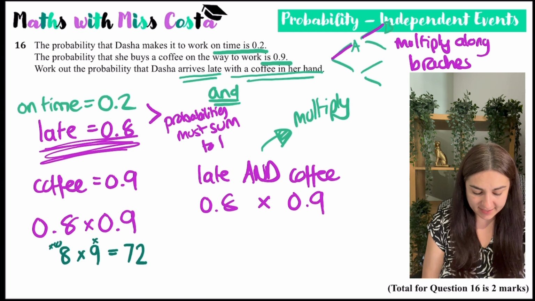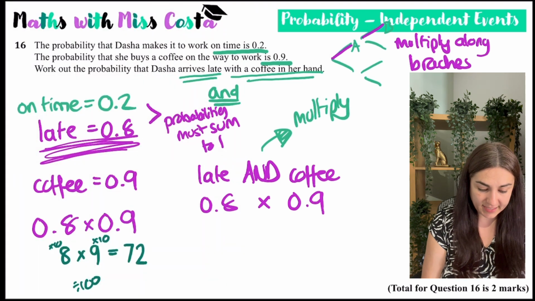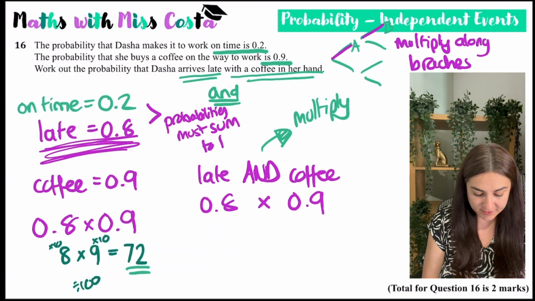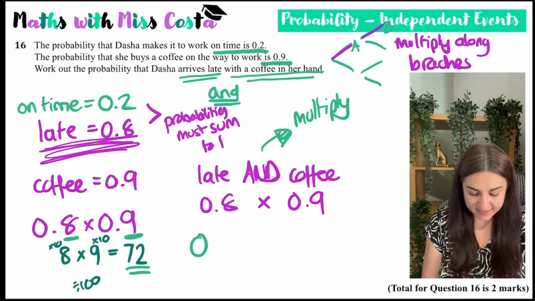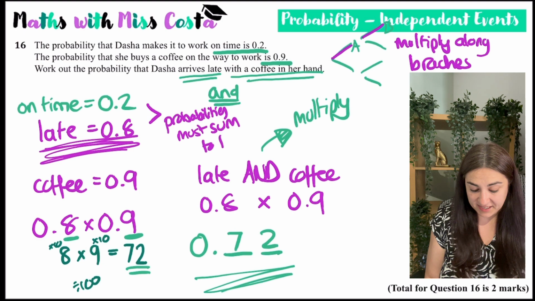I've times 8 by 10 and I've times 9 by 10. So I'm going to have to divide by 100 to get back to it. Or the quick trick is, I know the digits are going to be 72. There are 2 digits in my calculation after the decimal point, so I know my answer is going to have 2 digits after the decimal point as well. So that would be 0.72. And that is my answer.